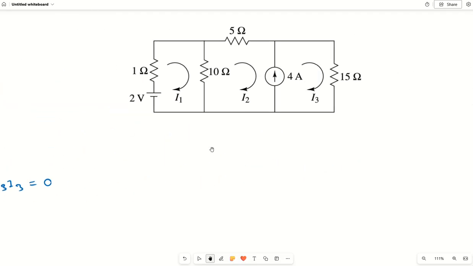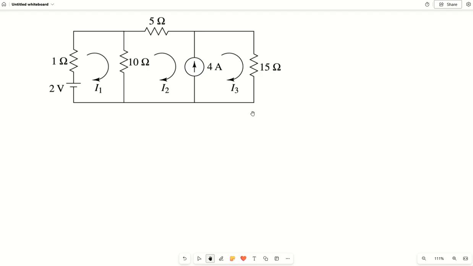Okay, so let us see a numerical. Suppose we are considering this numerical. As you can see here, we have three loops, and in those three loops, these two loops are sharing a current source. So these two loops constitute a supermesh. In this we can directly write down the equation for mesh 1.